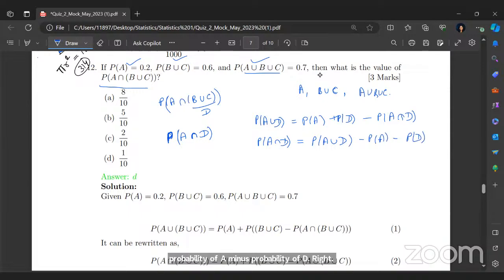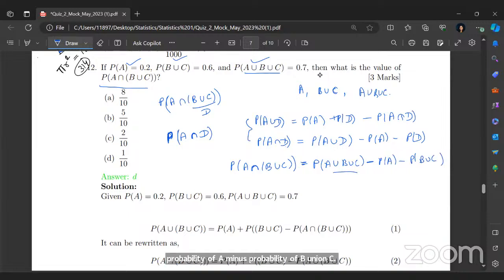Using this, what you have to find is probability of A intersection B union C. D is B union C, so I'm just replacing it. This is probability of A union B union C minus probability of A minus probability of B union C. That's all, and all this is already given to you.